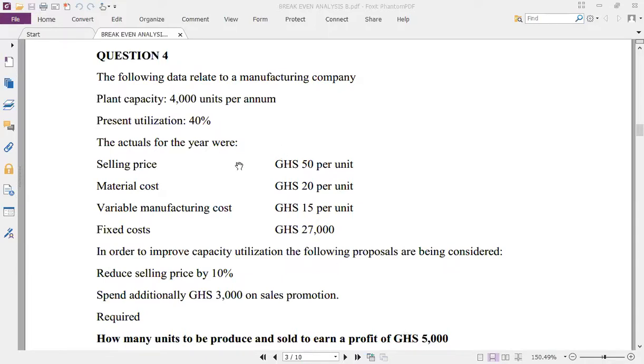Okay, now they say the following data relate to a manufacturing company. Plant capacity 4,000 units per annum. So the whole year they can only produce 4,000. Present utilization, 40%. So currently, even though the machine can produce 4,000, they can produce only up to 40%, which is 1,600. Honestly speaking, we don't need this information to solve this question.